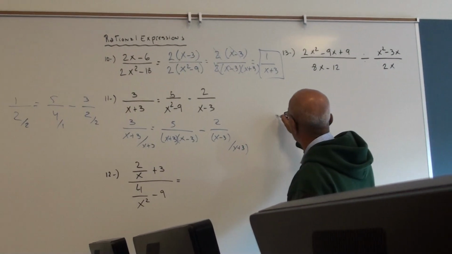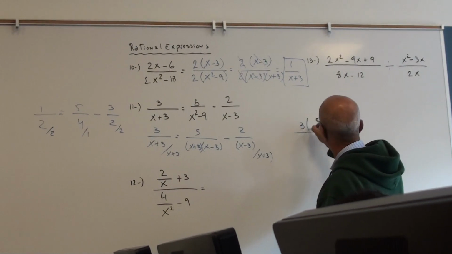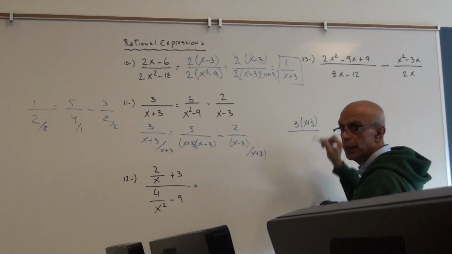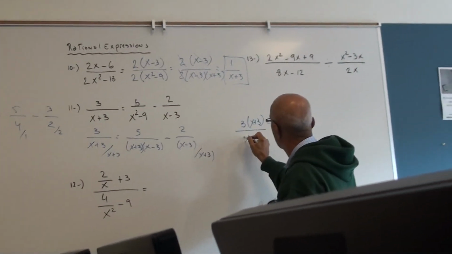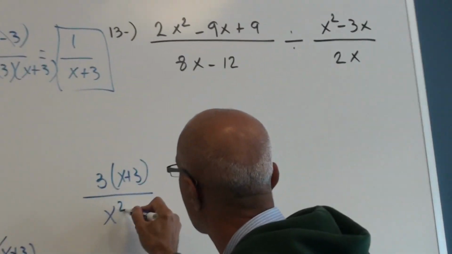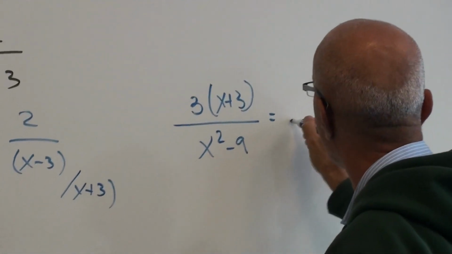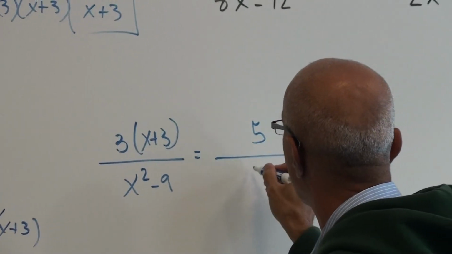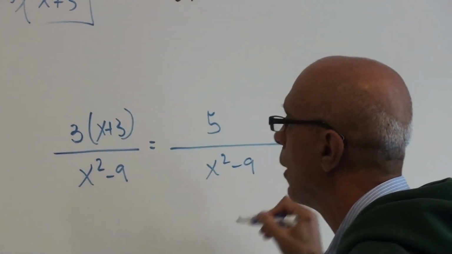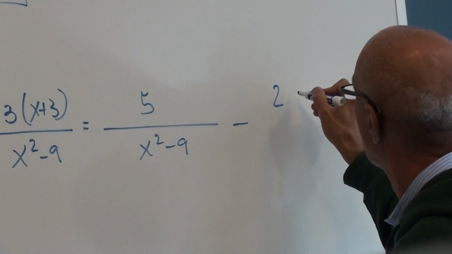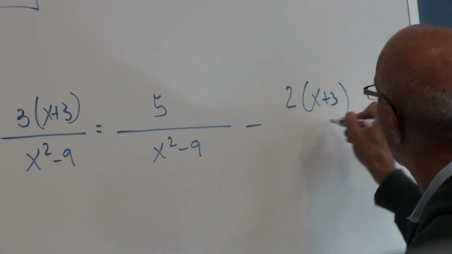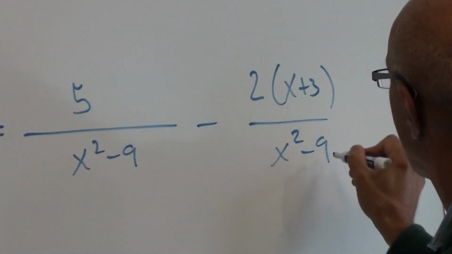So I'm going to have 3 times x plus 3, divided by x squared minus 9, equals 5 times x squared minus 9, minus 2 times x plus 3, divided by x squared minus 9.